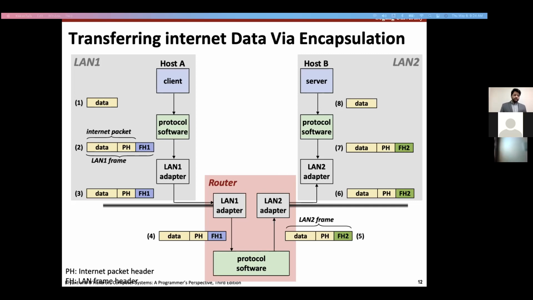You see where the protocol software contributes to transferring the data from one end to the other, how the data is copied in the router, how the router changes the frame header, and how the protocol software on the destination host unboxes the data and gives it back to the host.